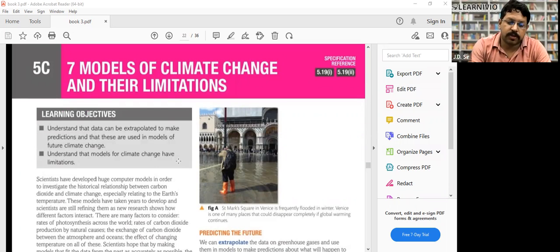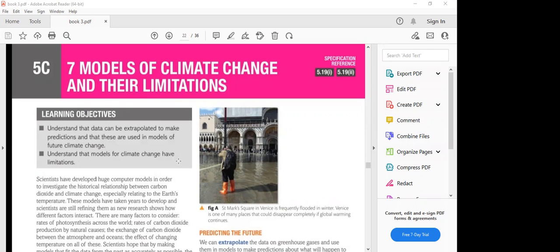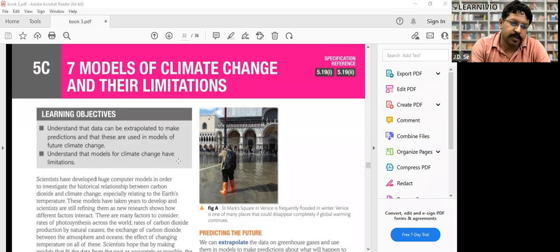Models of climatic change and their limitations. Now, what kind of models have they described? So the topic we discussed is clear. Yes. Okay. Now models of climate change and their limitations, meaning what are the models to reduce the greenhouse gases and what are their limitations.